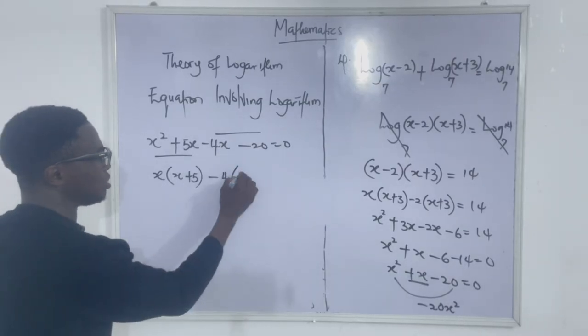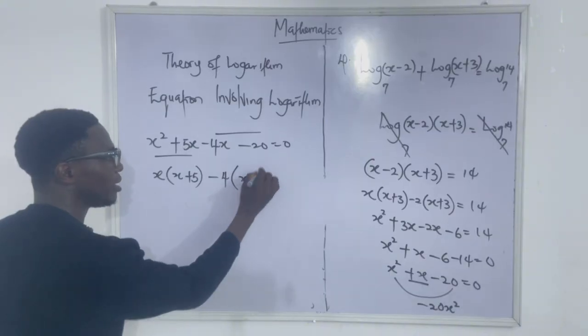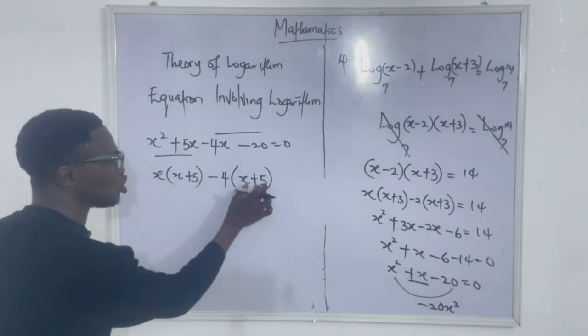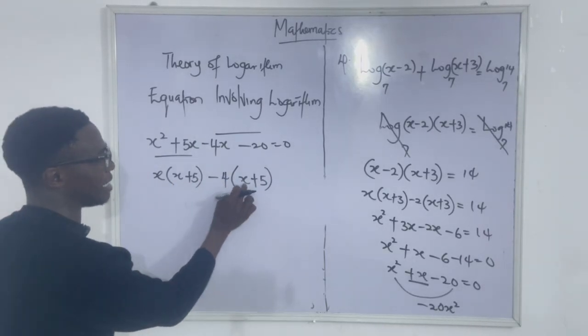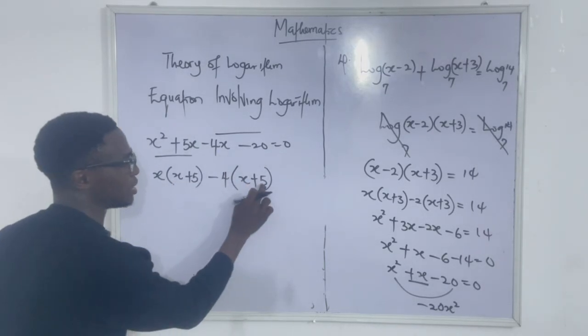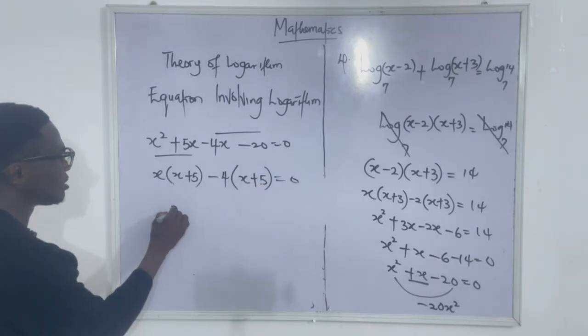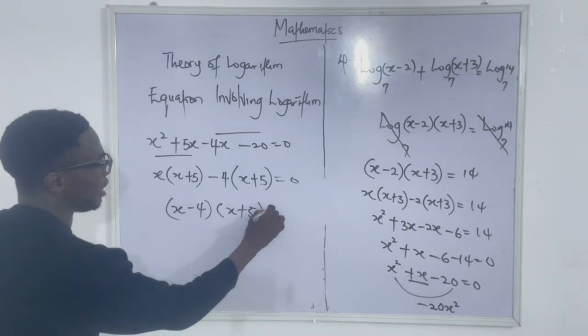Then here you are left with x. Then repeat what you have in the brackets. Let's try: minus 4 times x is minus 4x, minus 4 times plus 5 is minus 20. We are correct. So then group it: x minus 4, then x plus 5.